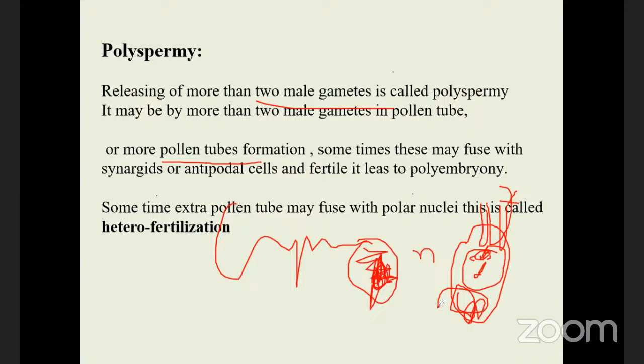That time it leads to polyembryony. Usually a single embryo is formed by fusing of the male gamete with the egg cell.